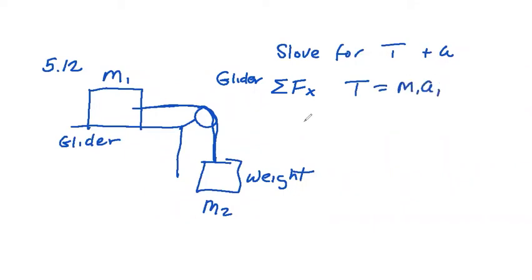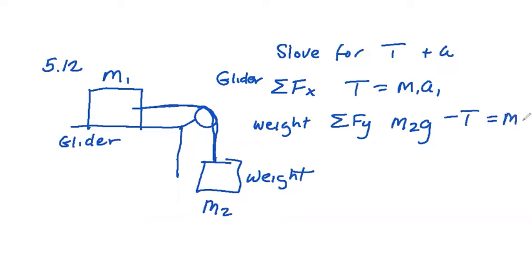And now the sum of the forces in the Y for the weight, we're going to have M2G minus T equals M2A. So those are our expressions for tension.